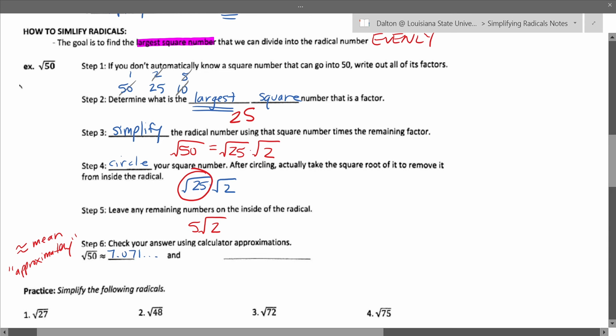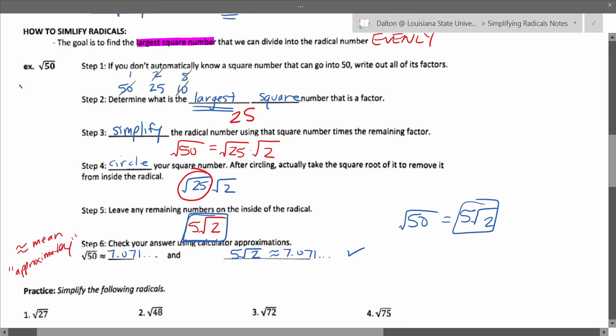Well, check that with your simplified answer. 5 square roots of 2, if you type that into your calculator, will also give you about 7.071, and everything else matches up as well. So once you've verified that those are the same, then you know that your simplification was correct. So the square root of 50, anytime you see that, can be reduced to 5 square roots of 2.